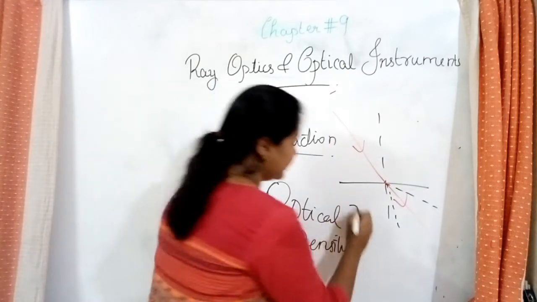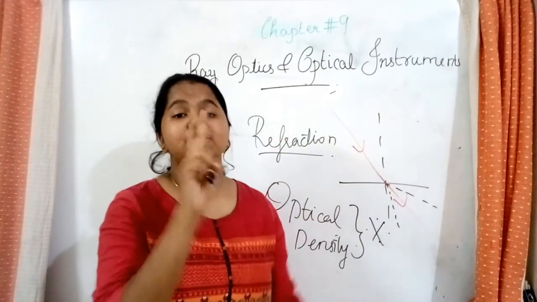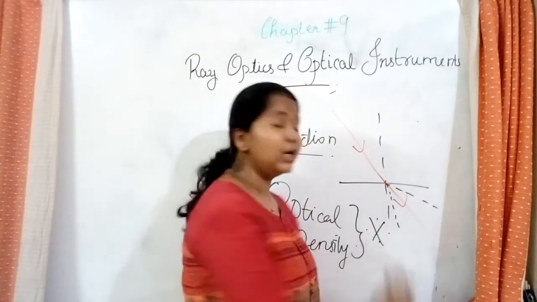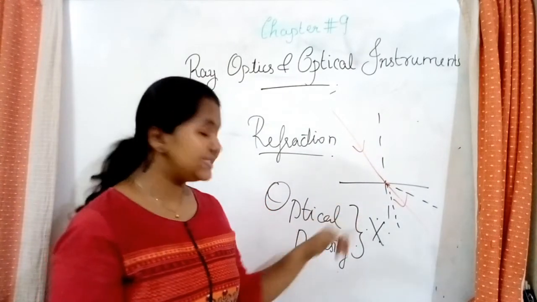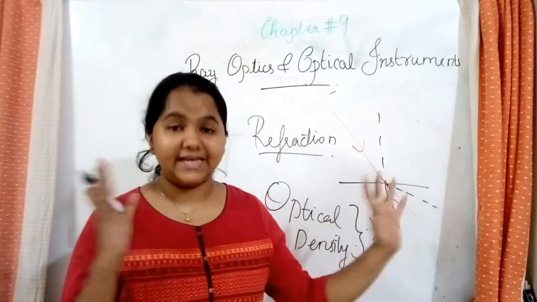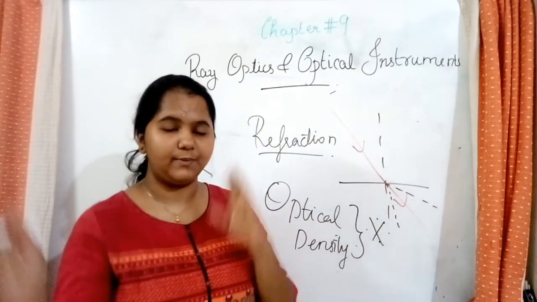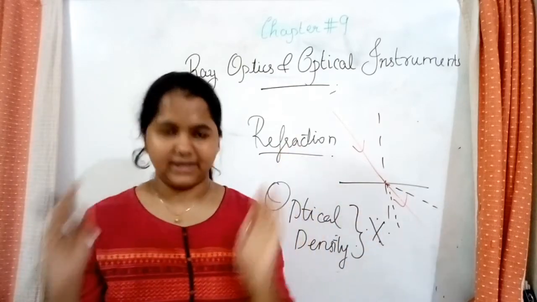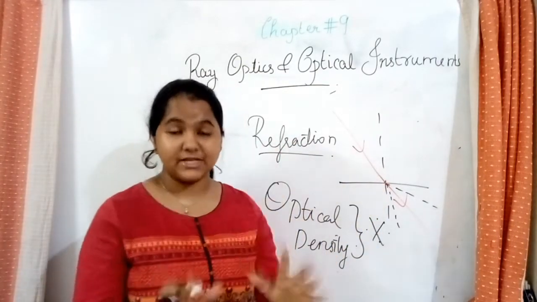This is very important. According to this, there are two changes happening: moving away from the normal and moving towards the normal. Let's see from what optical density to what optical density it will move closer and move away.